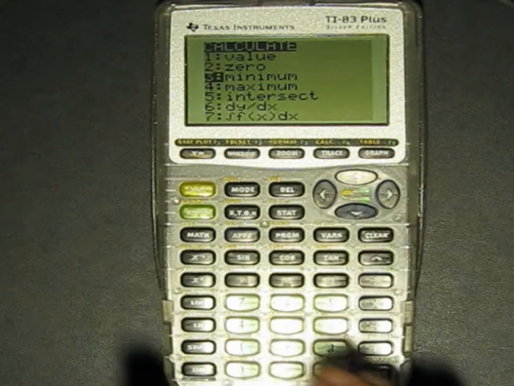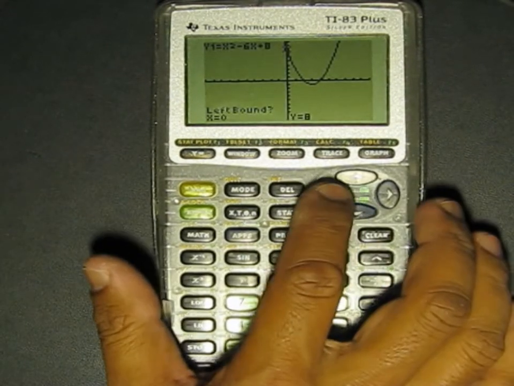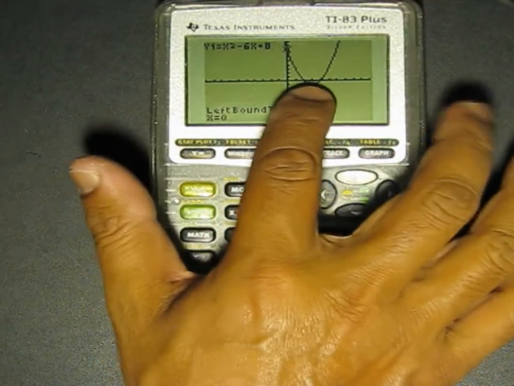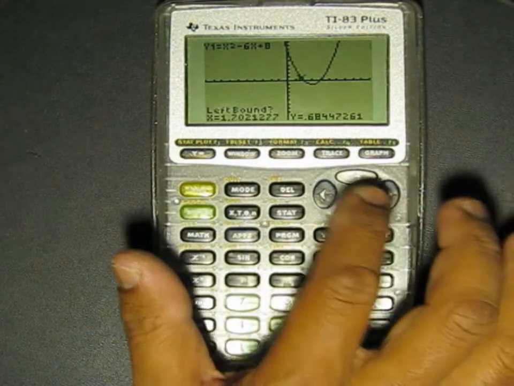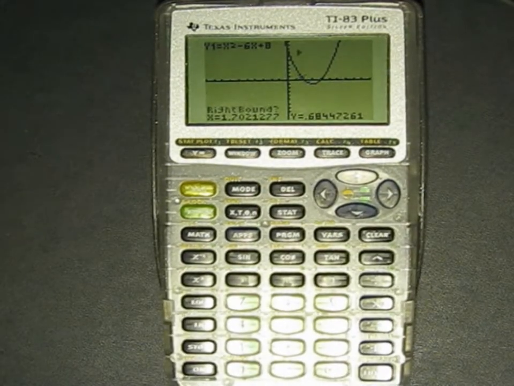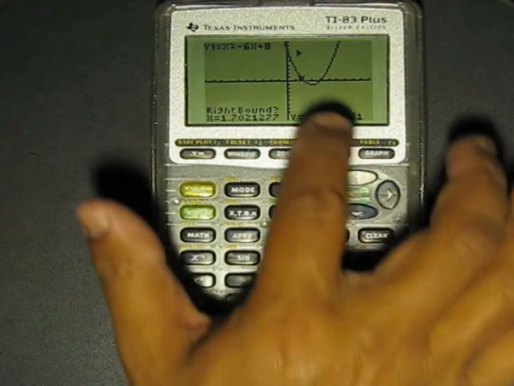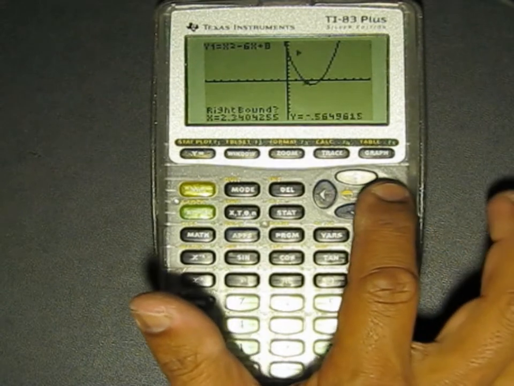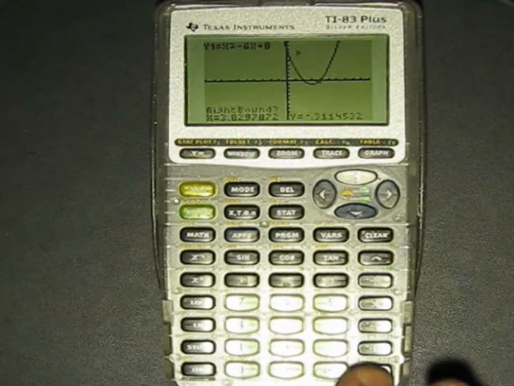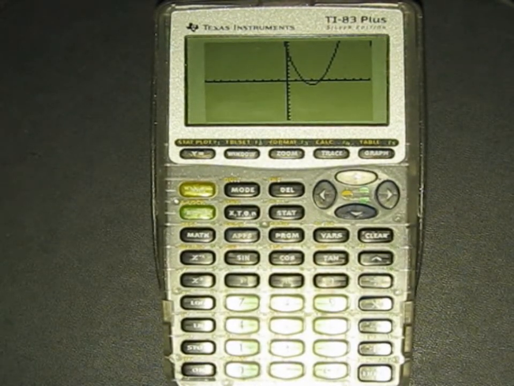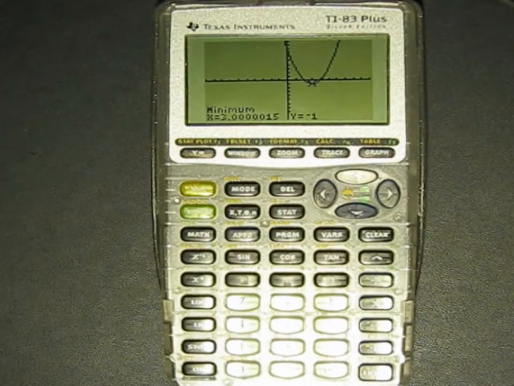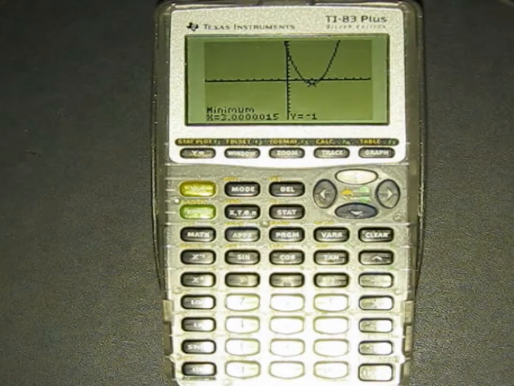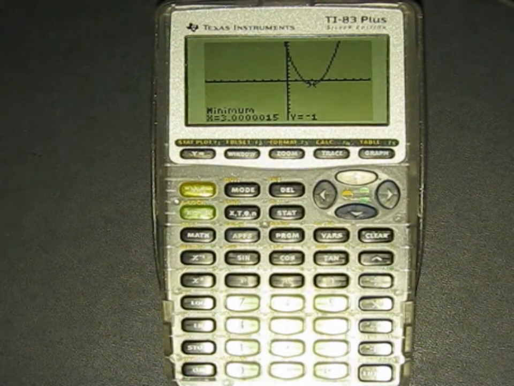So we go to minimum, hit enter, and for left bound, we have to be to the left of that minimum piece there. Hit enter. Right bound means you have to be a little bit to the right of it. So scroll to the right, hit enter, and enter again. And it comes up with your minimum at 3, negative 1. That's the vertex of the parabola, 3, negative 1, right there where the cursor is.